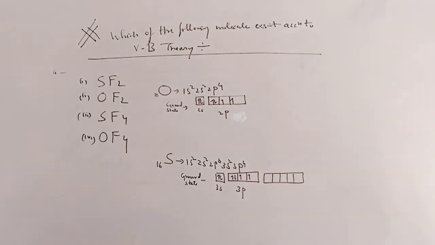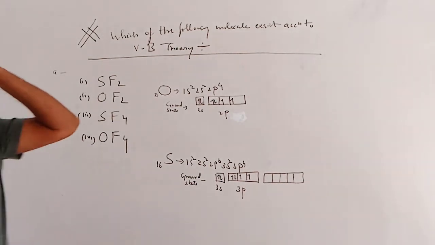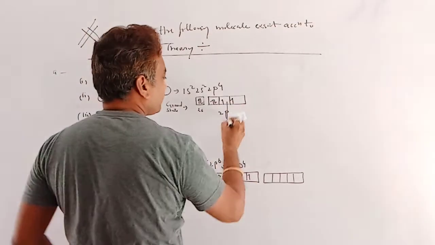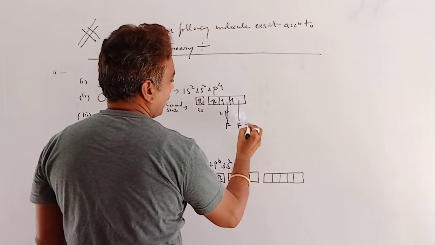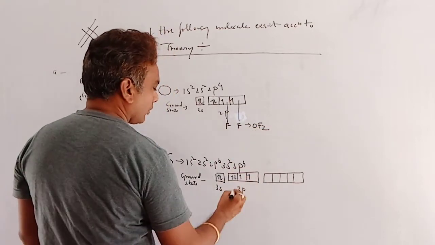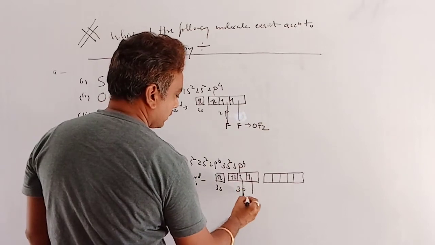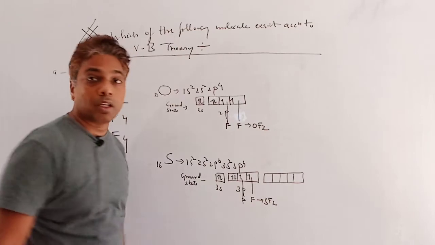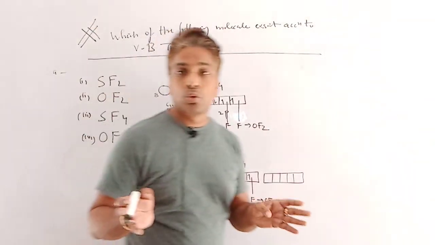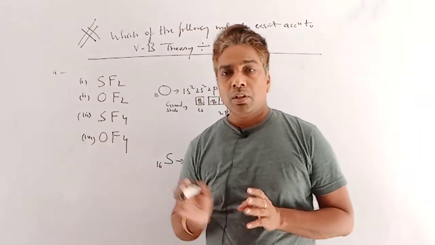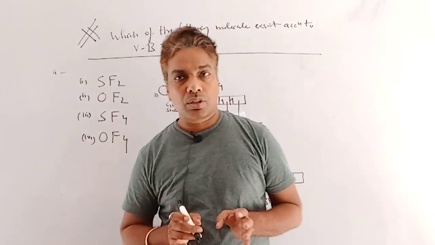So with the help of 2 fluorine atoms, these unpaired electrons will be paired, and OF2 as well as SF2 are formed in the ground state. So OF2 and SF2 both are formed in the ground state of sulfur as well as oxygen.